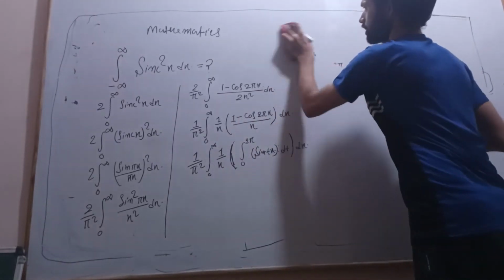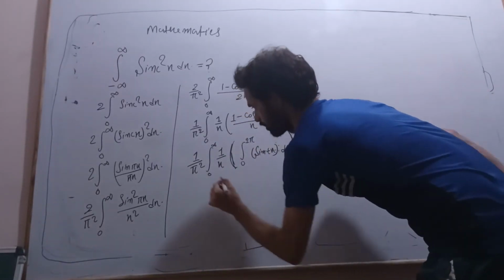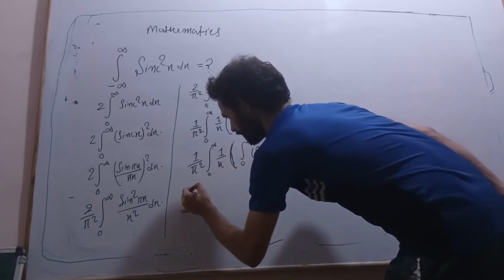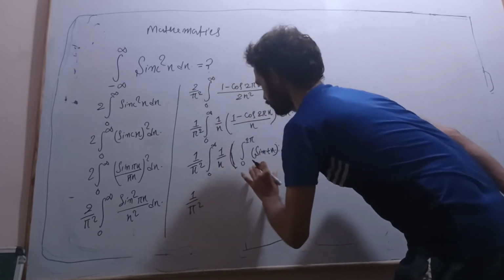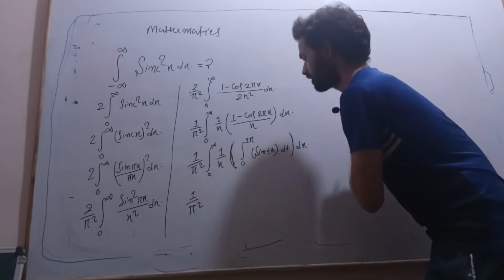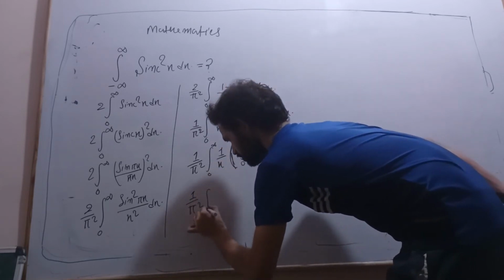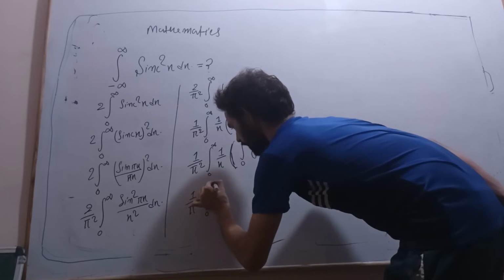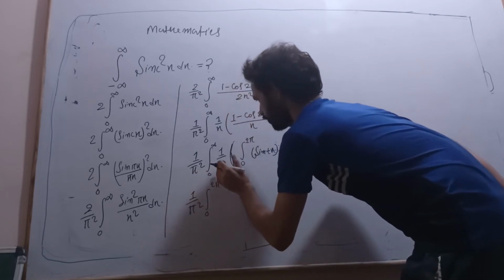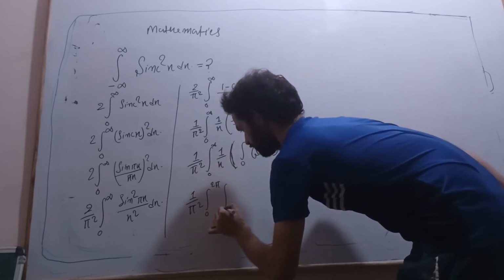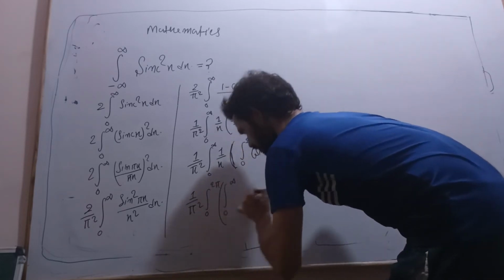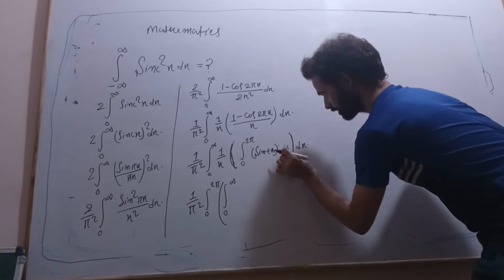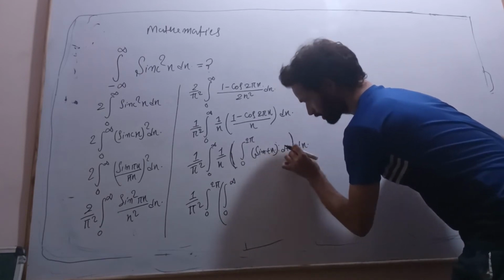Okay, so now see here, 1 by pi square. Just interchange the limit of integration, 0 to 2 pi. Integration 0 to infinity: this dt will come outside, dx will come inside.